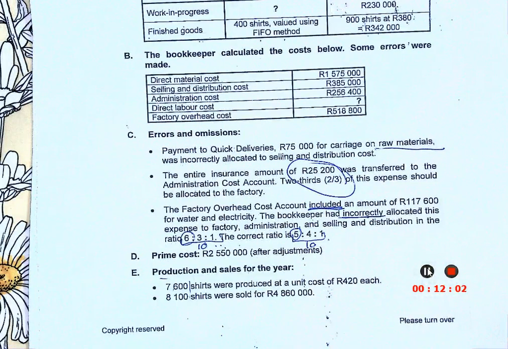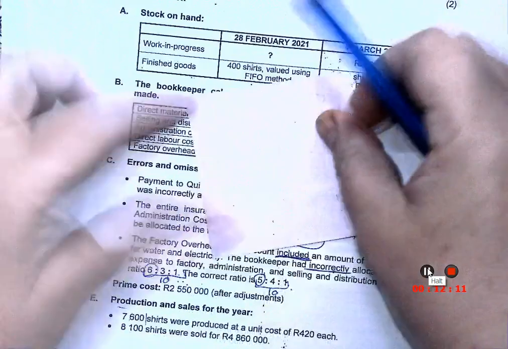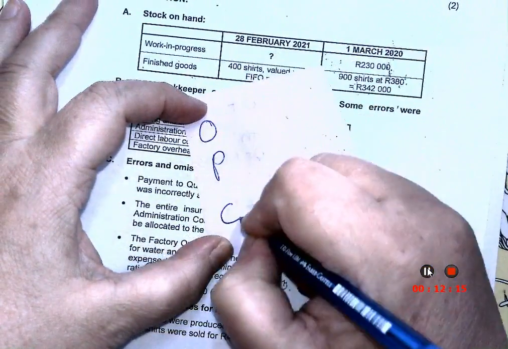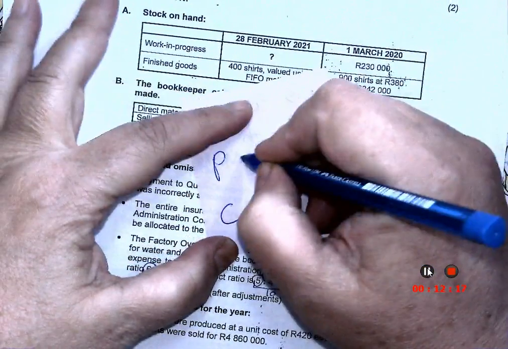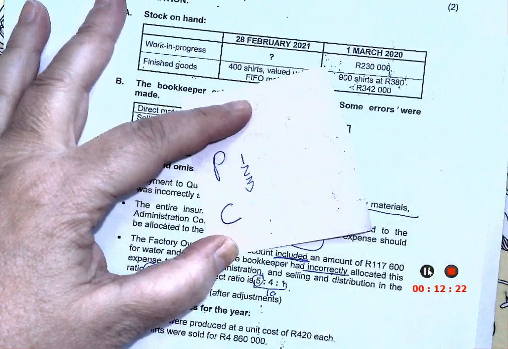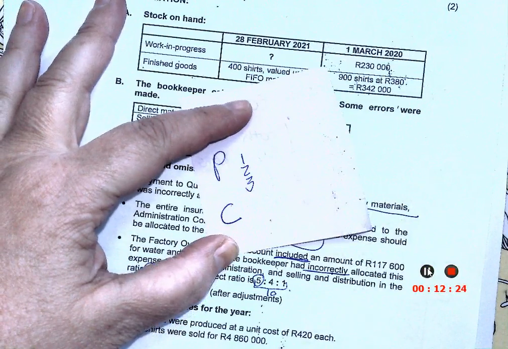Okay, let me pause. What do you need for the calculation of FIFO? Remember, usually it works like this, ne? They must give you the opening, the purchases, and the closing. And the purchases would usually have a few batches. And which batch do you use usually?